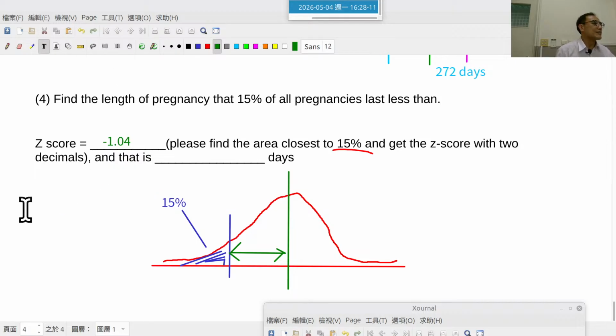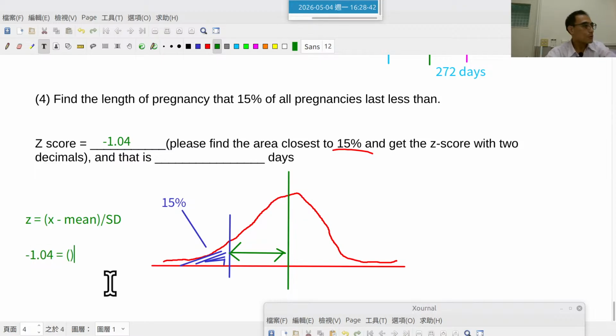I'm not confident. Then I know the z-score equals x minus the mean, divided by the standard deviation. Okay, and now I know one thing. The z-score is minus 1.04.